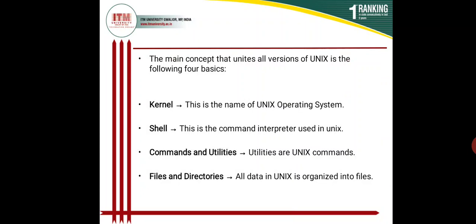And in the end we have the file system and directories. The file system and directories define how the data can be stored in the Unix system. In Unix, the data is stored in a hierarchical manner, like a tree structure that we have read in data structures.